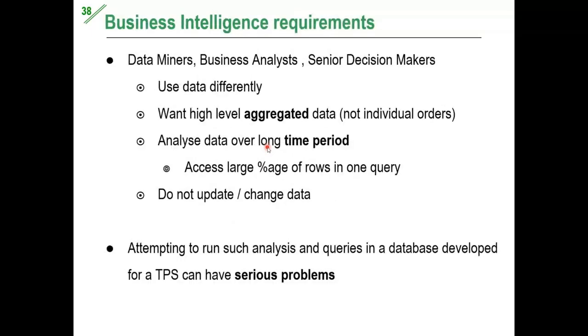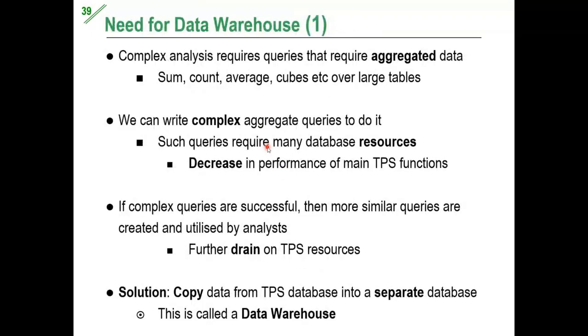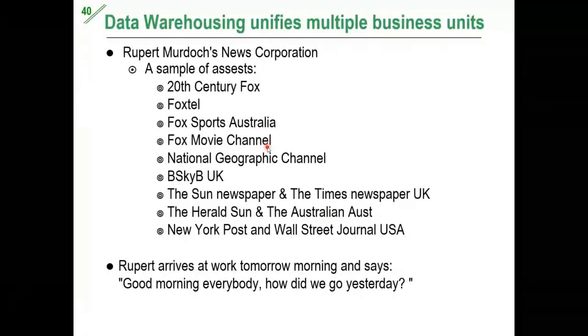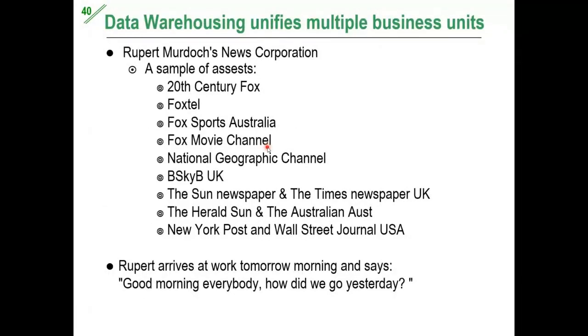So in practice, think about the big companies like Rupert Murdoch's News Corporation. He's a world leader in business news, owner of most of the top business-related news agencies around the world.